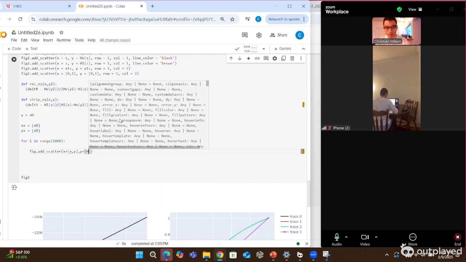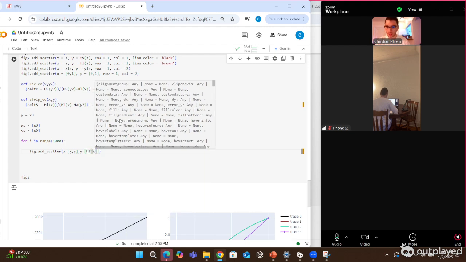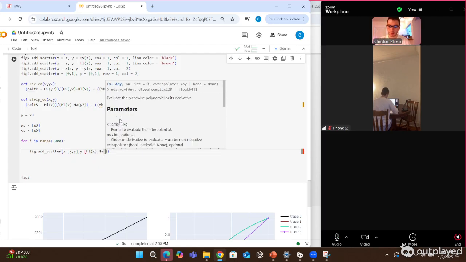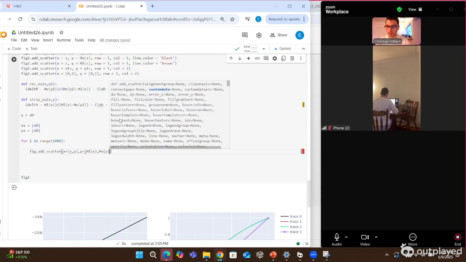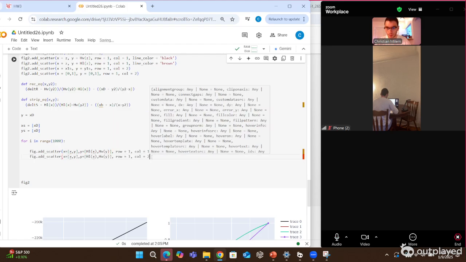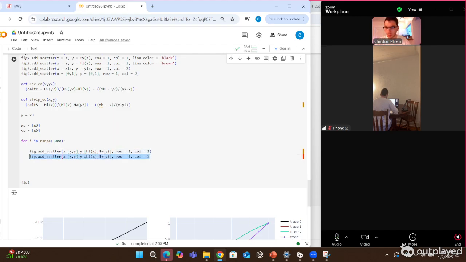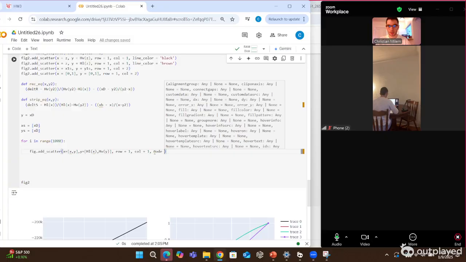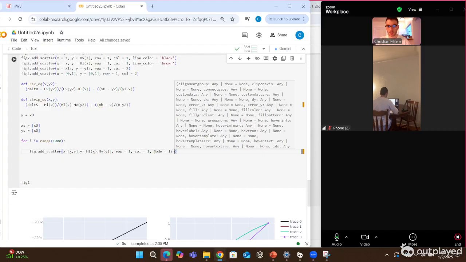HL, x, HV, y, row equals 1 and column equals 1. Mode equals lines.